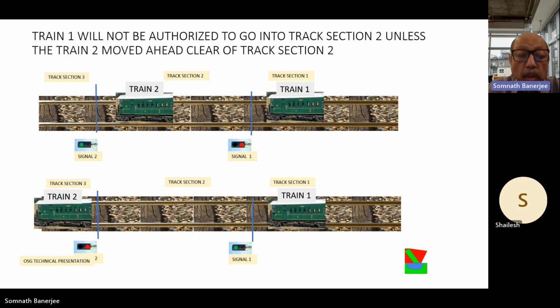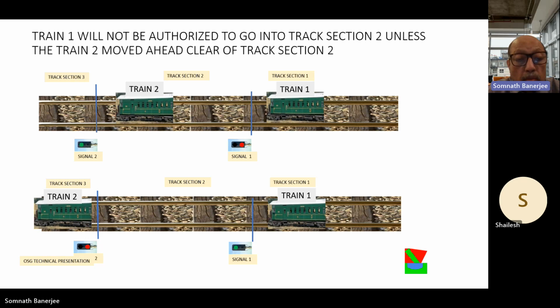To explain this further, consider the example here where we have two trains which are controlled by this system, and train 1 is waiting to be let into track section 2, which is occupied by train 2, and it will not become clear till train 2 moves on to track section 3.